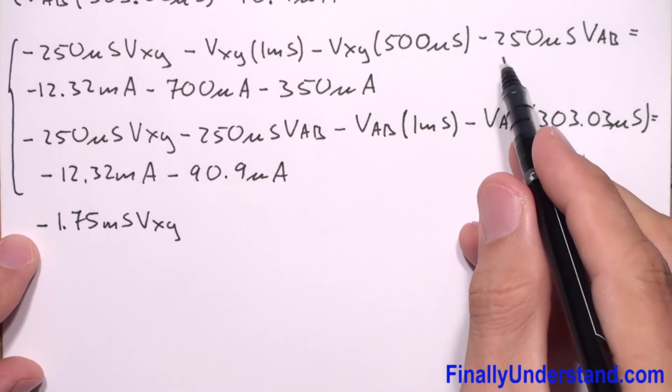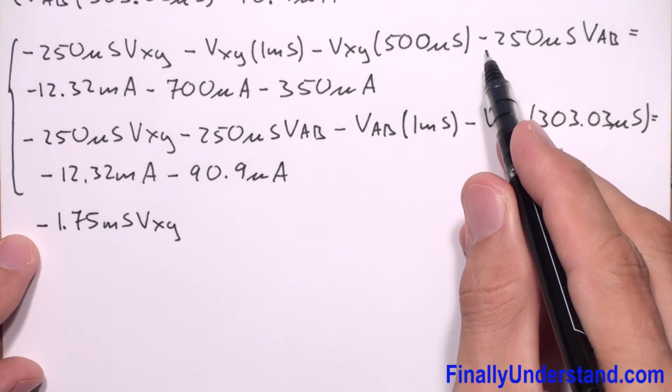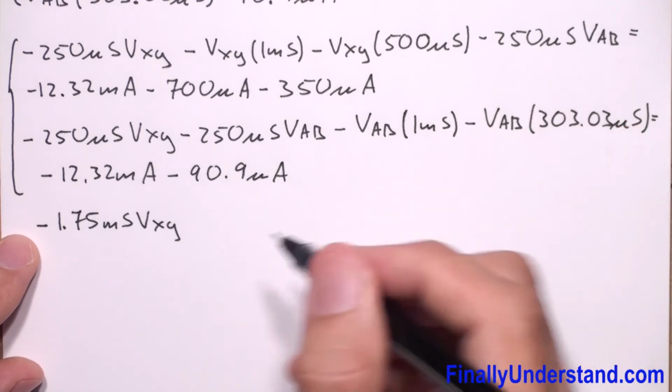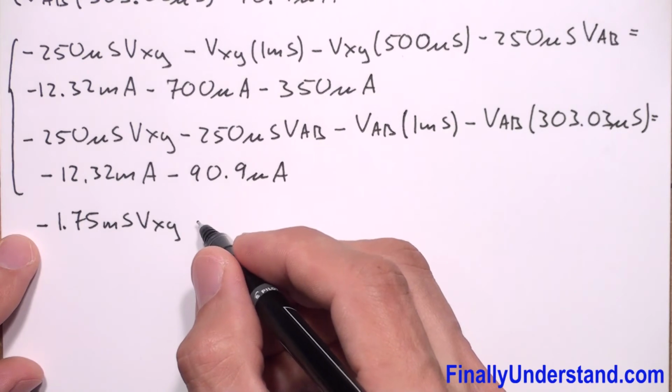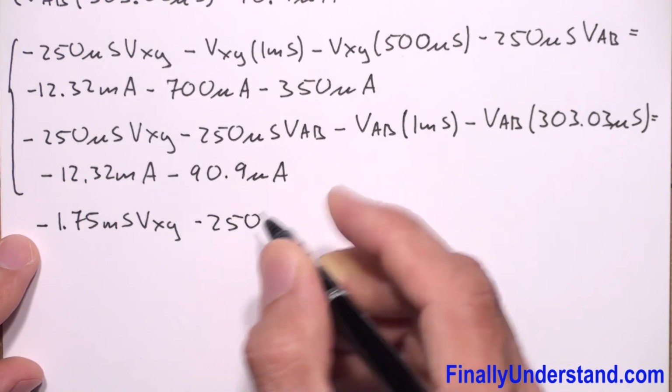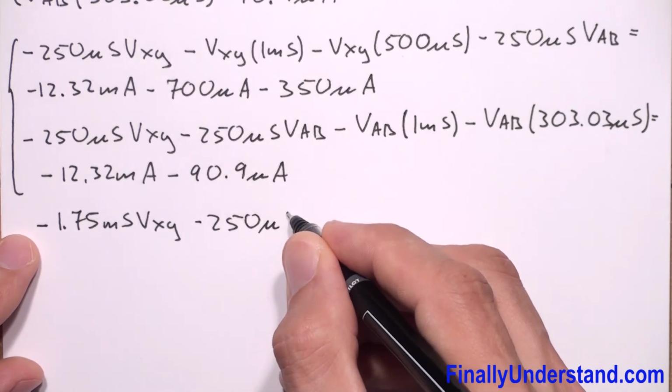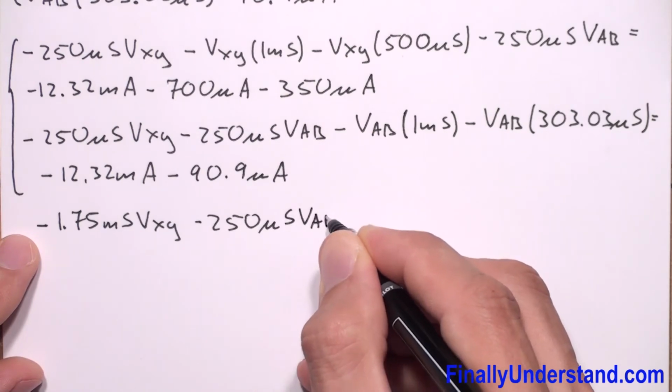And I have over here negative 250 microsiemens, so I have minus 250 microsiemens VAB.